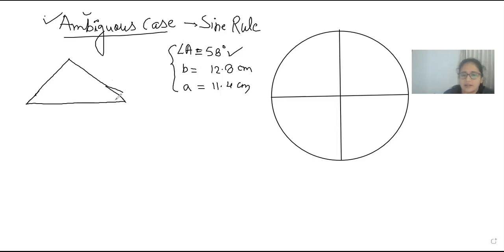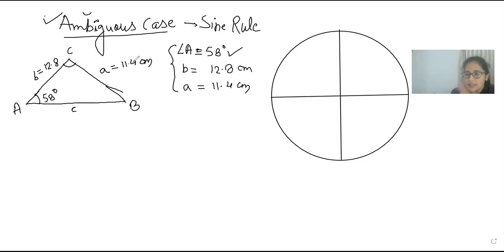Let's see, your triangle is like this, with angle A as 58 degrees. Label the vertices A, B, and C. Side B is in front of B, side A is in front of A, and this is side C. We have the information: angle A is 58, B is equal to 12.8, and A is equal to 11.4 centimeters. We don't know the value of angle C.